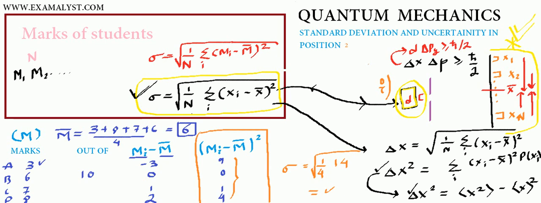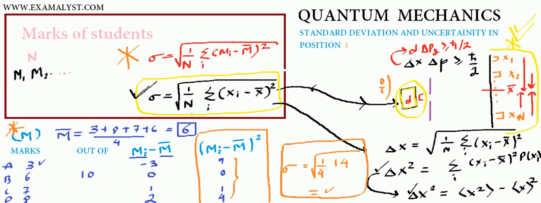So in conclusion, point number one, look at the left hand side diagram. We discussed what standard deviation is in statistics using this particular data of 4 students, and we calculated the standard deviation here.